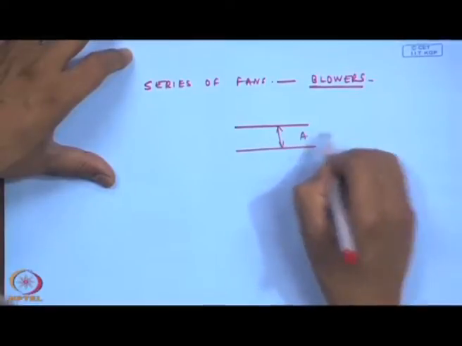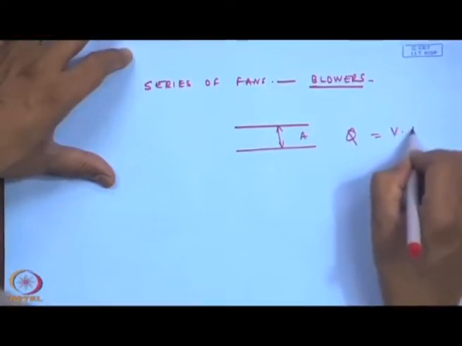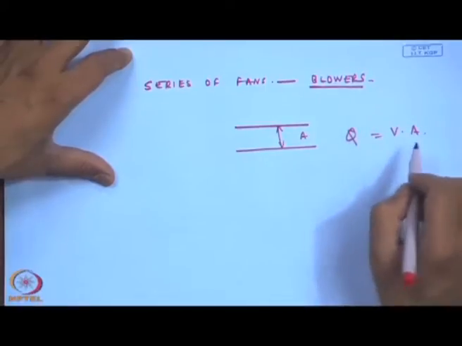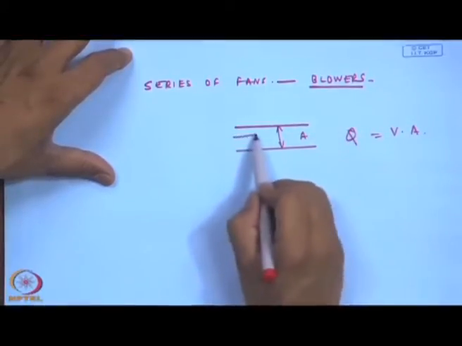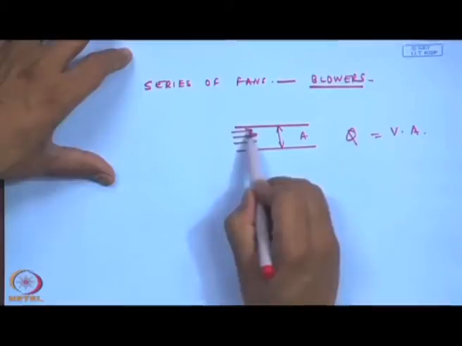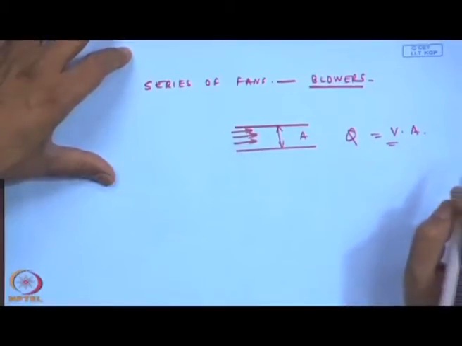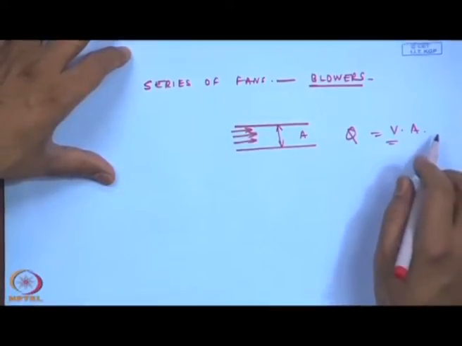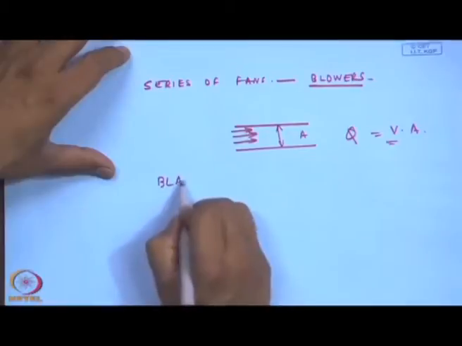This is the area. So, the flow rate is V times A. So, if I want more flow rate, I have to give in air at high velocities. Okay. Many applications require a certain volume flow rate of air in the process, particularly in blast furnaces.